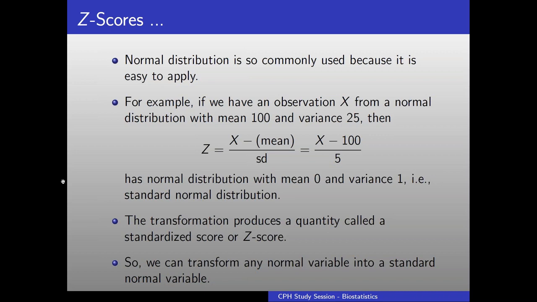We like this because these are the distribution tables you've used before in your classes, and it's easy to calculate probabilities. So by standardizing, you get what's called a standard normal random variable, which is a lot easier to use.